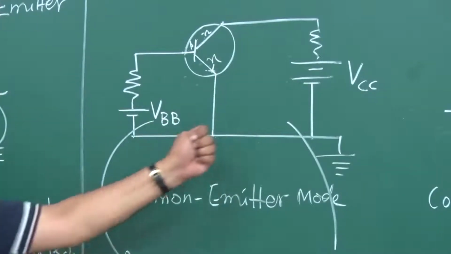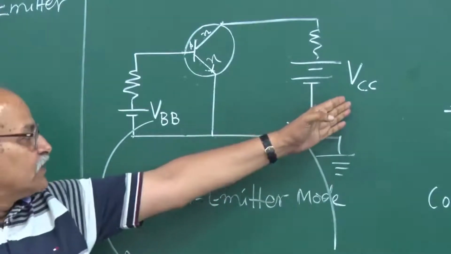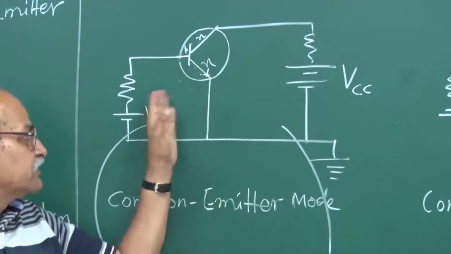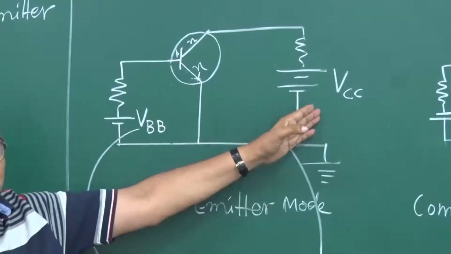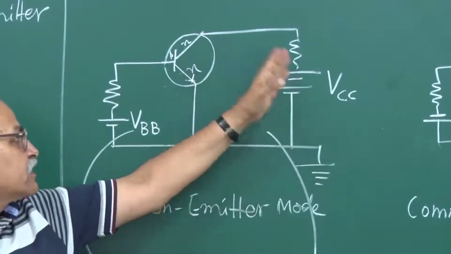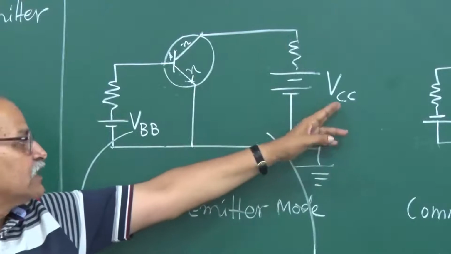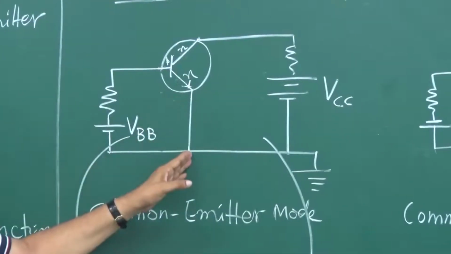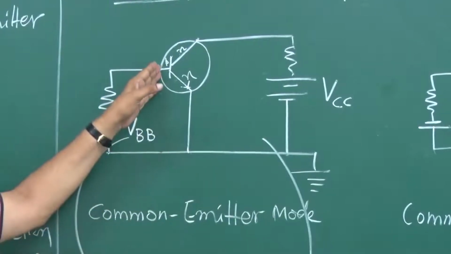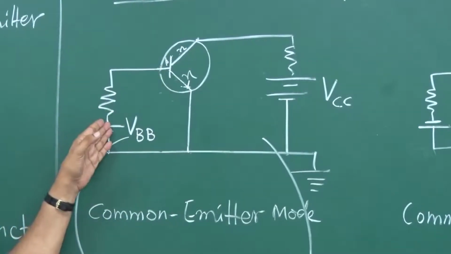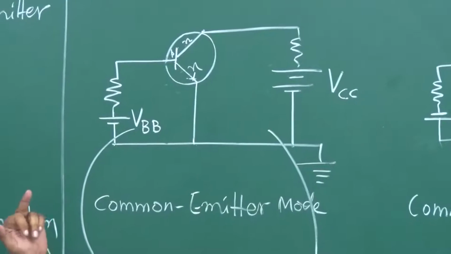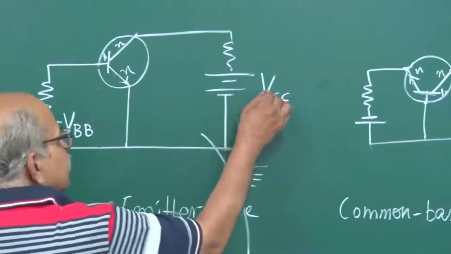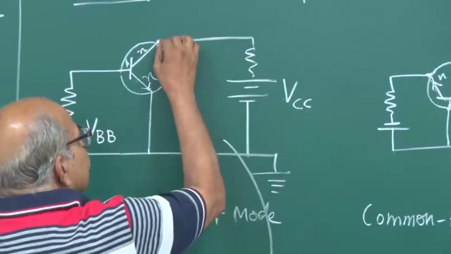Why BB and why VCC? The emitter is common to both, so the emitter is not mentioned in this nomenclature, and this side is connected to the collector, so it is CC, and this side, once again the emitter is not mentioned, and it is connected to base, so it is VBB. And with a single C you can write VC, that is the potential of this collector.